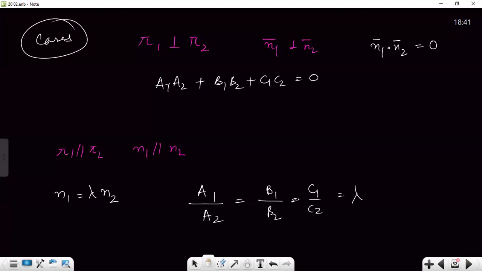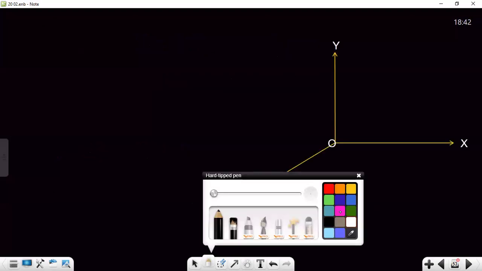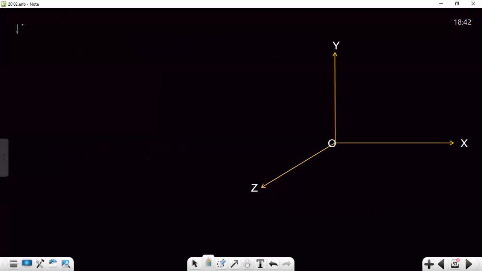Now let's talk about the distance between a plane and the origin, and another point. Distance of a point from a plane. We find the shortest distance, and the shortest distance will be the perpendicular distance.